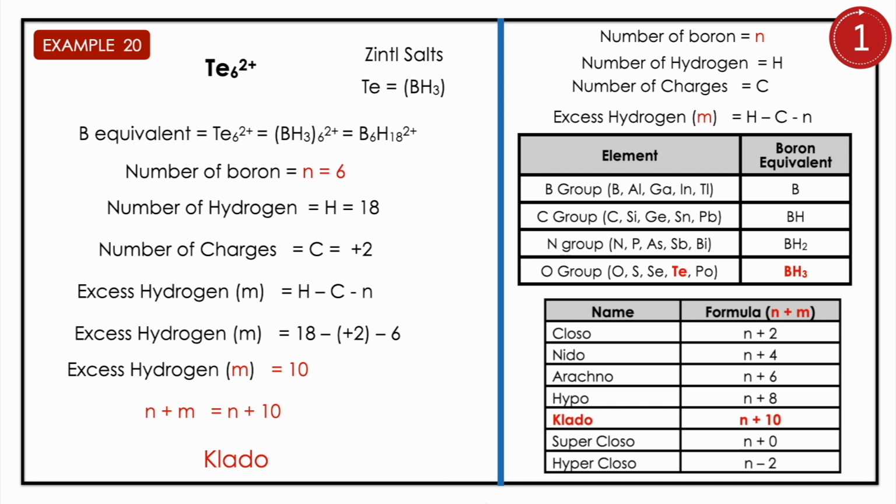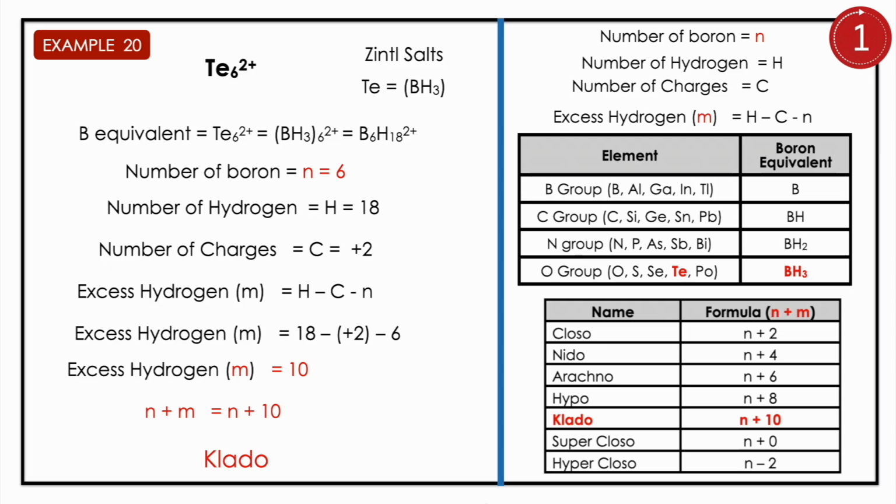Tellurium is in the oxygen group. So the boron equivalent will be BH3. If you substitute BH3 for tellurium, the formula becomes (BH3)6 2 plus. If you rewrite it, you have B6H18 2 plus. So the compound becomes a simple borane.